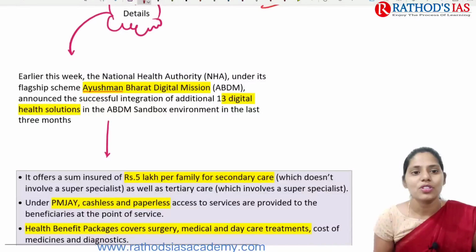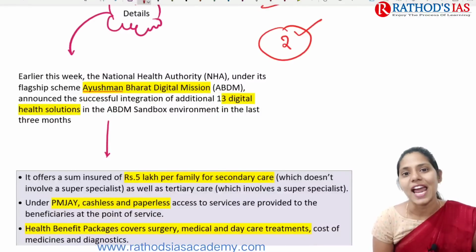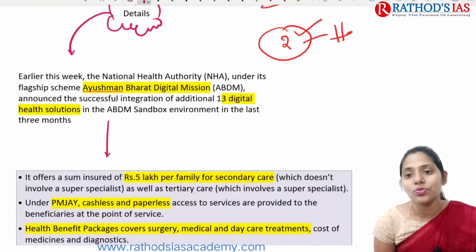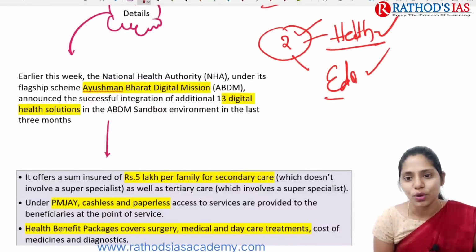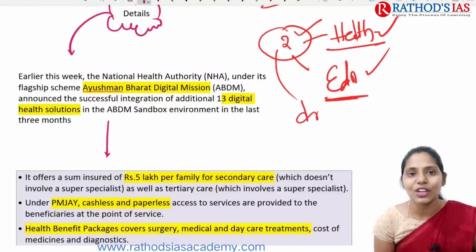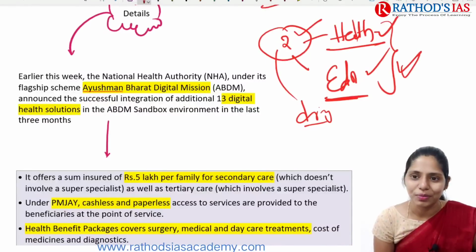So if you're talking about details, before that, two important things are very important for improving the living standards of people. The first one is the need for proper health services, and the next one is education. If you are providing proper health services, proper education, and even drinking water, then that will be helpful for improving the standard of life of people for sure.